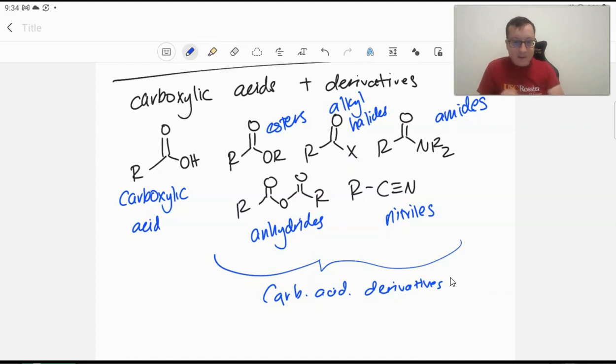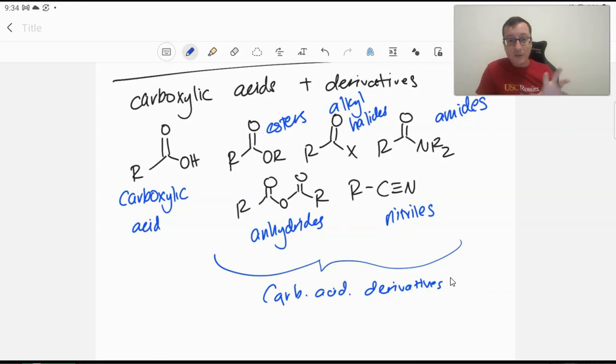So carboxylic acid. Yeah, go ahead. Yes, it certainly will, but that's later on. We'll talk about that when we summarize. So we'll be talking about them in order of reactivity. So we're going to start with alkyl halides after we just do some basic carboxylic acid stuff.